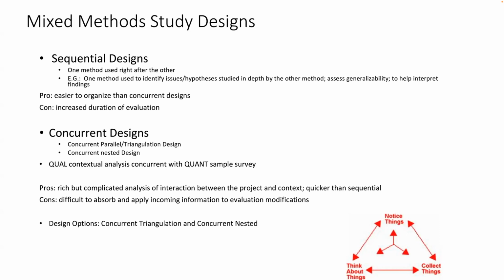The concurrent designs let you do some parallel and triangulation in your design, or you might do a nested design where you're doing one overall approach, maybe it's quantitative, but you have a focus group that's giving you data in that same time frame, about that same topic area.